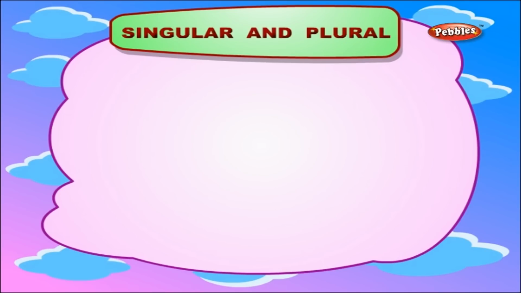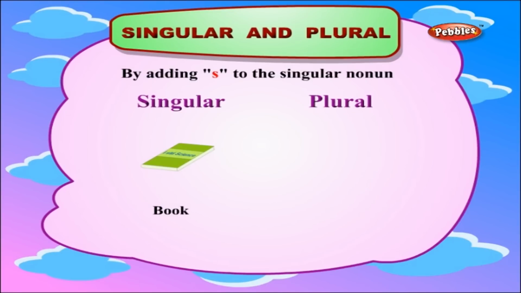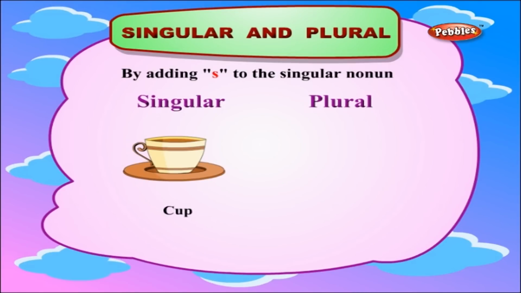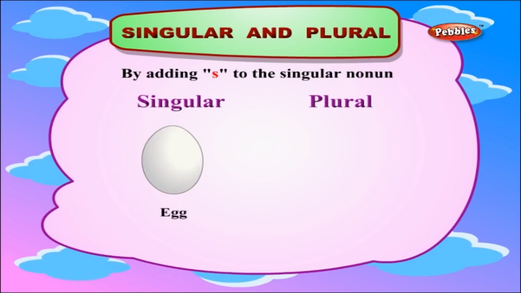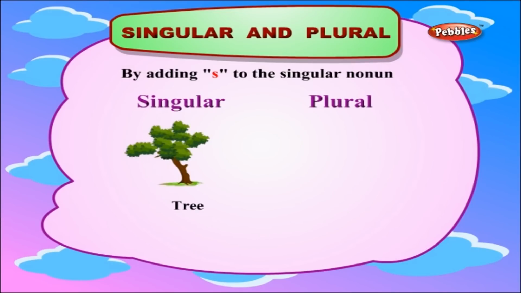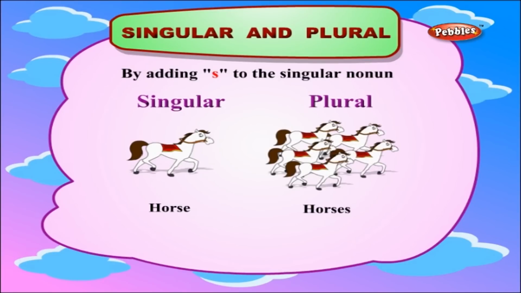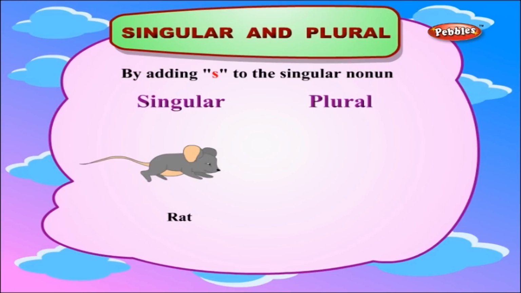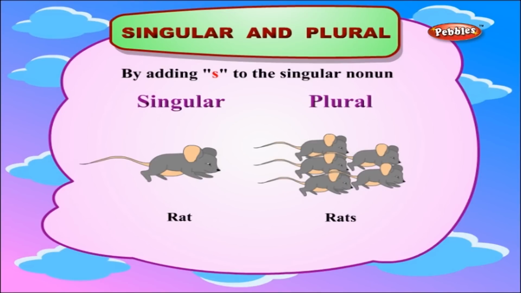By adding s to the singular noun, examples: book, books; cup, cups; egg, eggs; tree, trees; horse, horses; rat, rats.